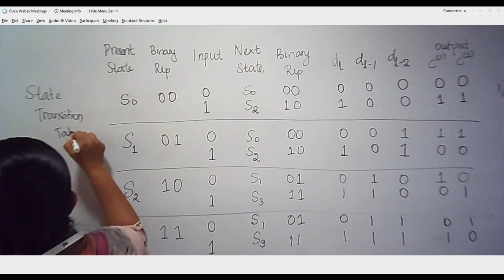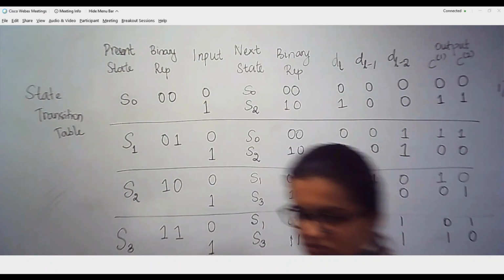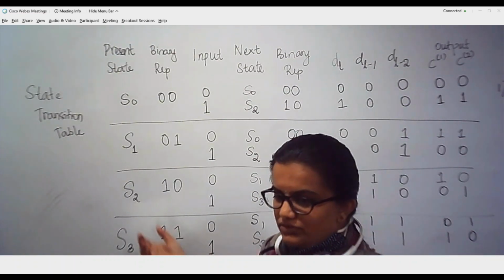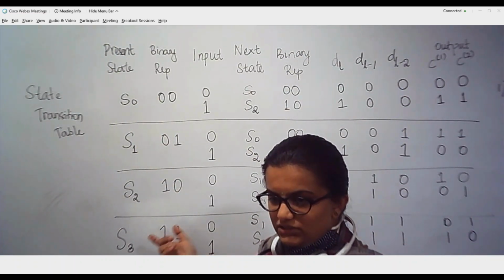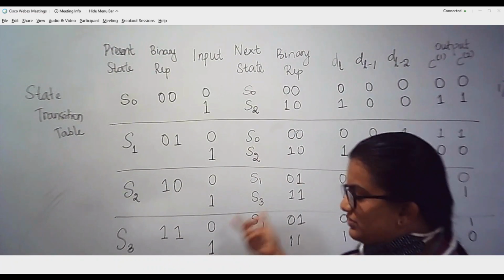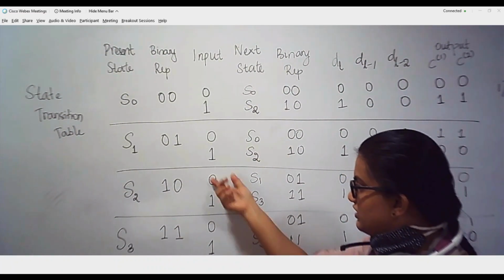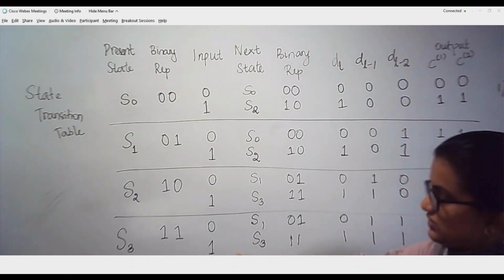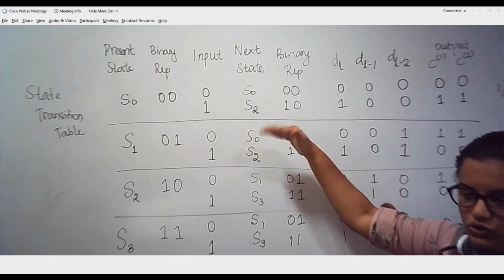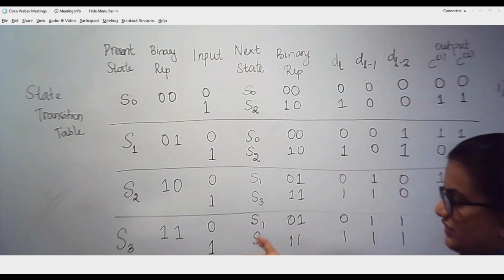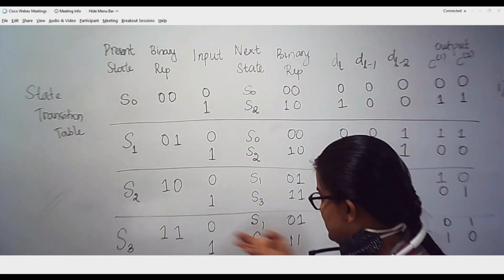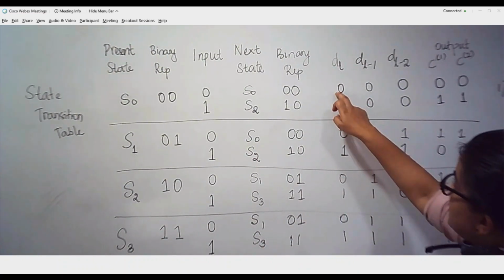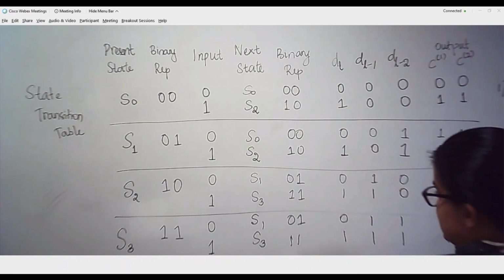Do you have any doubts over here? This completes the state transition table. We have started with certain states over here. Because it's a binary system, we know the input is either a 0 or a 1. So once we know the zeros and ones, we can predict what could be the next state we might get, because we are the ones who have assigned this. Once I know this, I can write the contents within the shift registers easily.